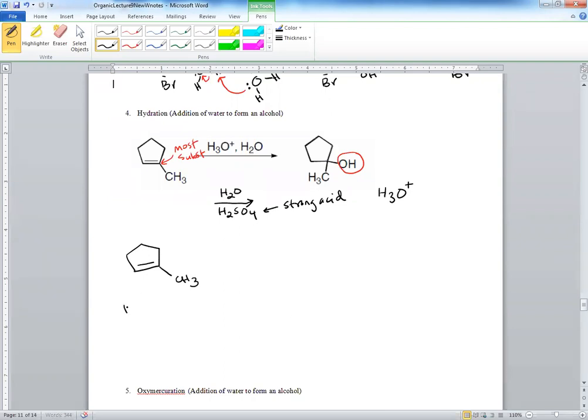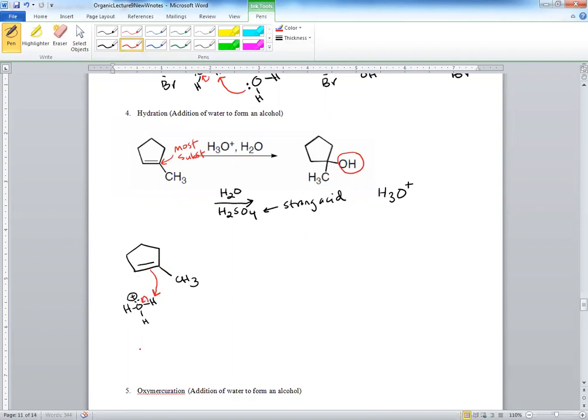The mechanism is you have your hydronium ion that will react with the double bond. So the double bond is electron rich. What it will do is attack the proton.